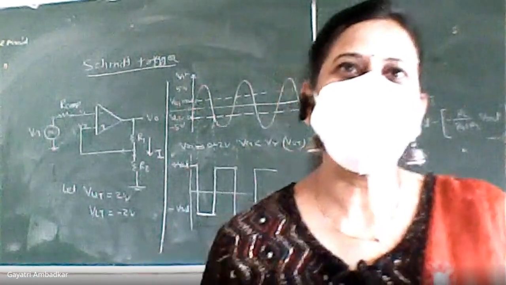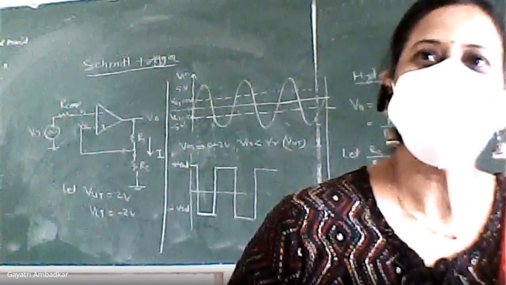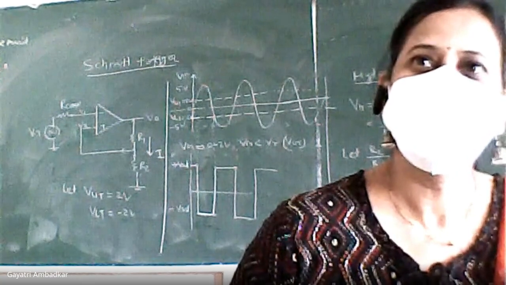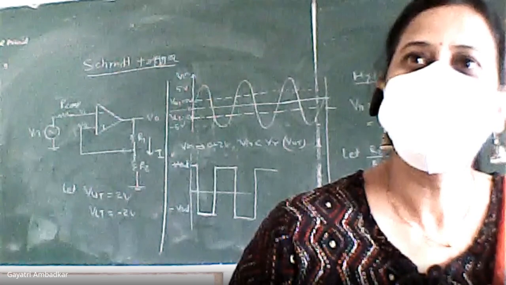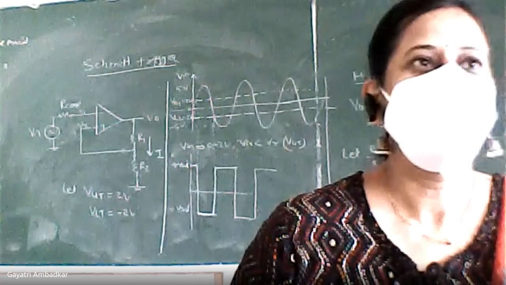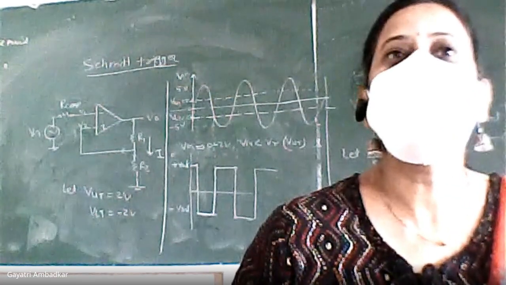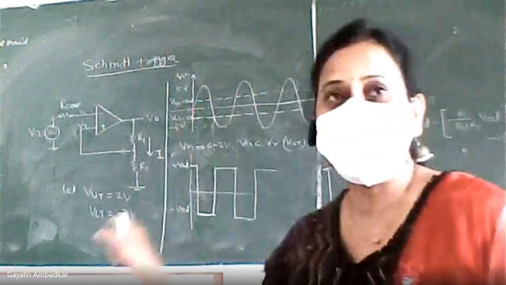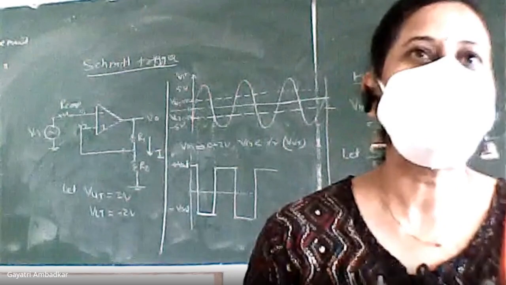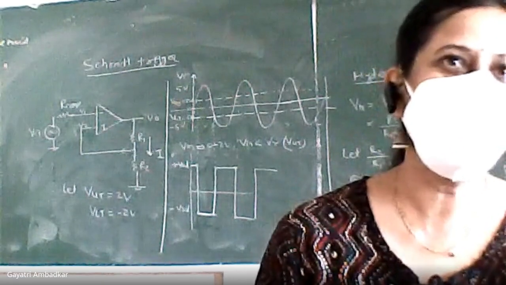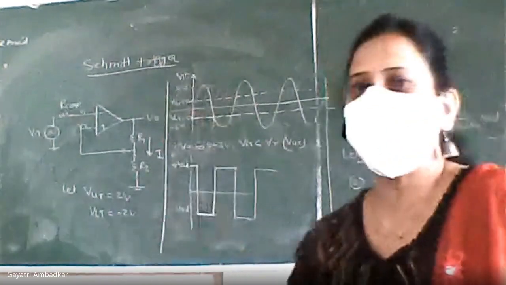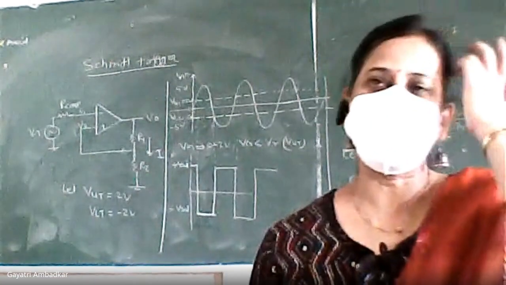I told you in the beginning. Yes, correct. RCOM is equal to R1 parallel to R2. He je don resistance aapan lavle aahet R1 and R2, its parallel combination. Find the result of the parallel combination, and the value of RCOM will be R1 parallel to R2.